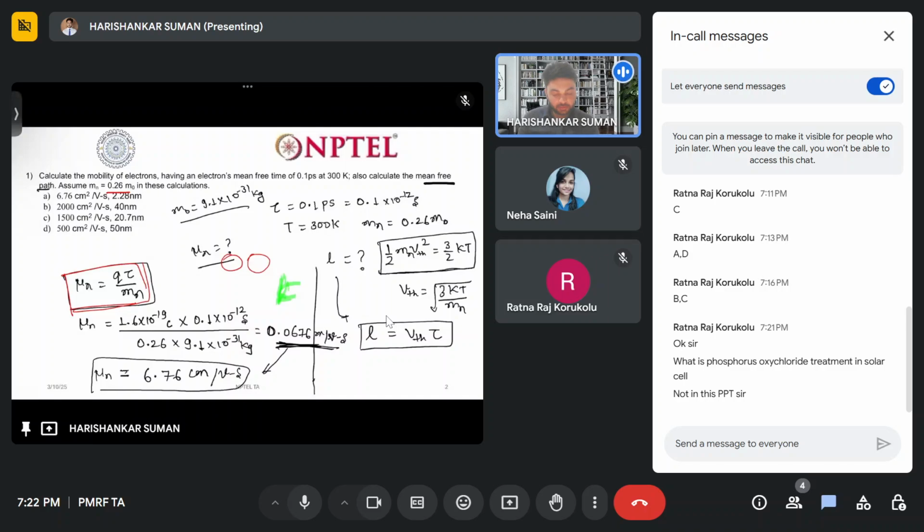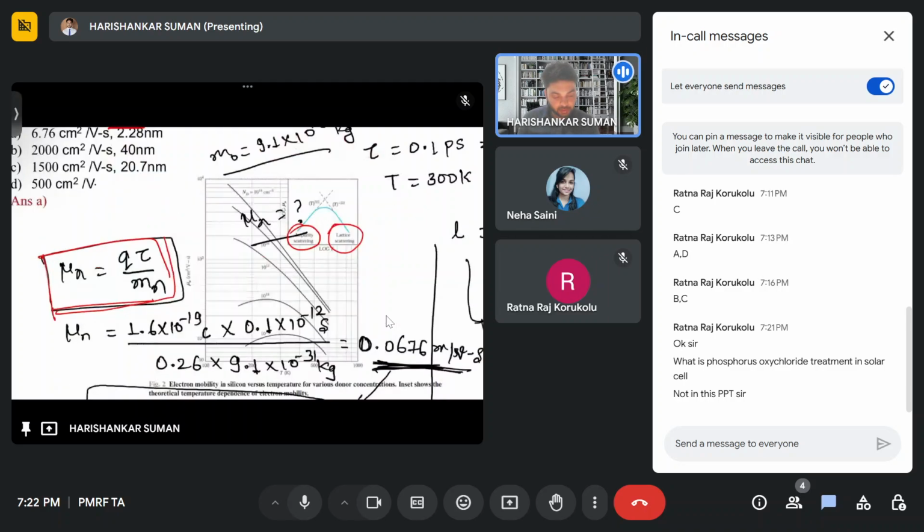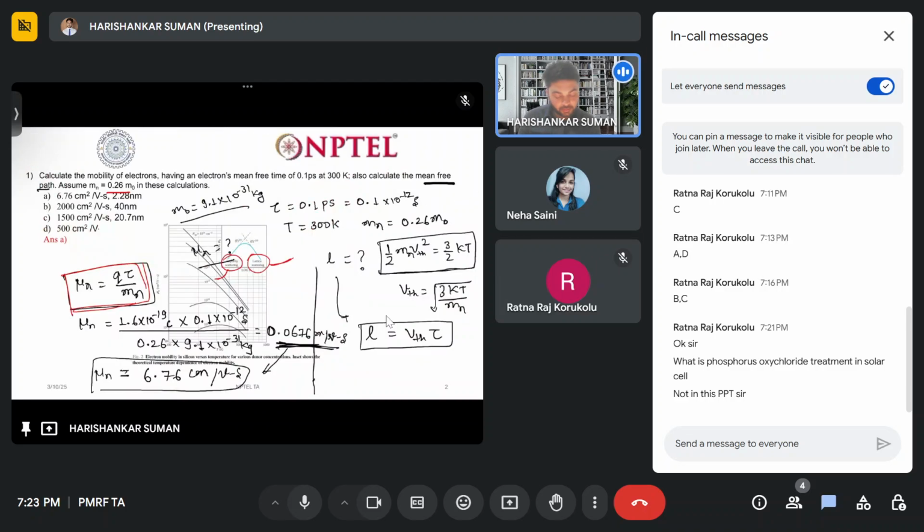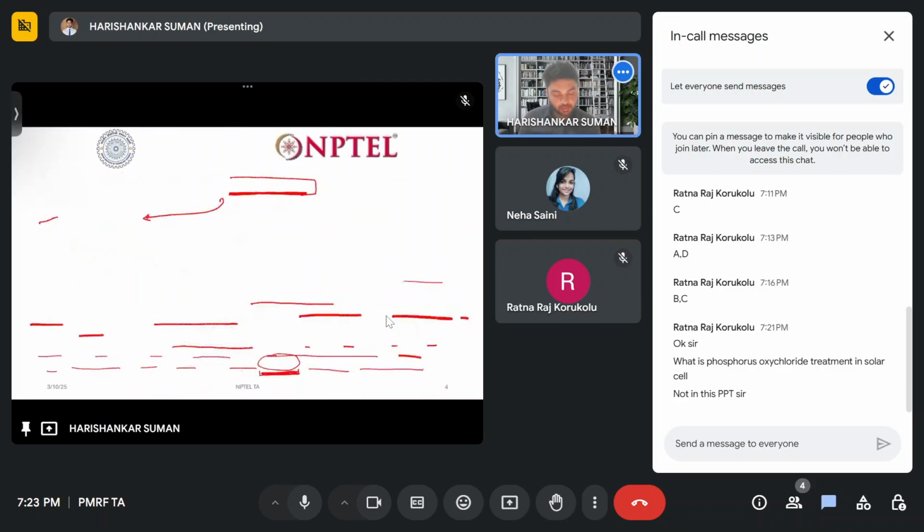So the first question we discussed was on mobility and mean free path, and also the dependency of mobility on temperature: T to the power minus 3/2 for lattice scattering and T to the power 3/2 for impurity scattering. In this question, silicon exhibits lower carrier mobility due to higher defects.